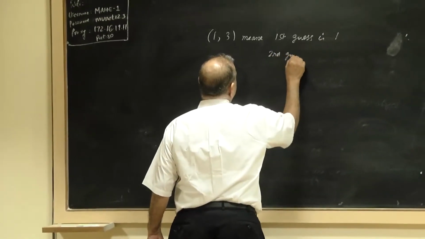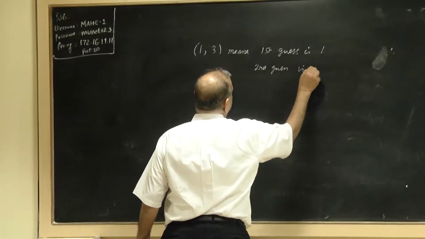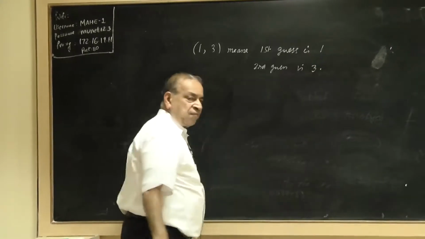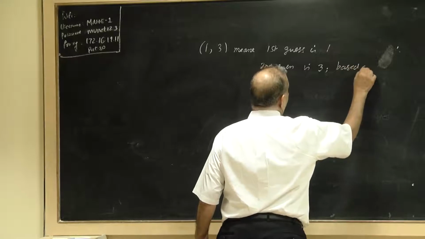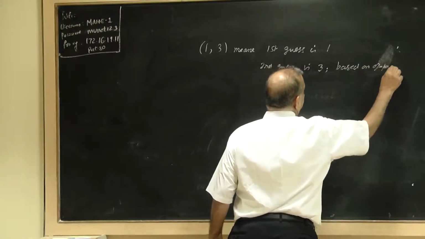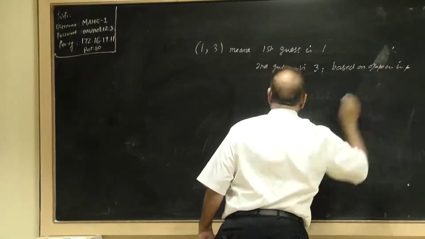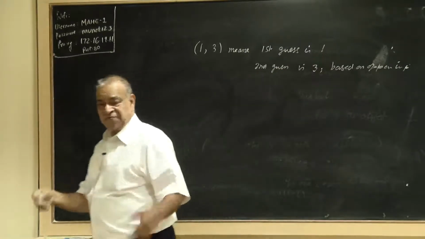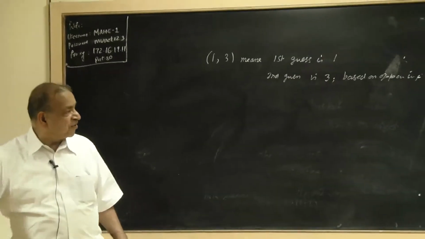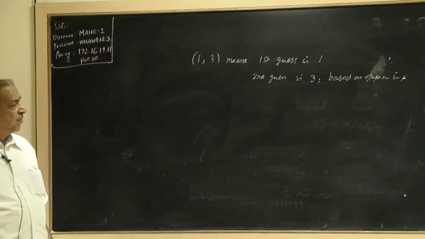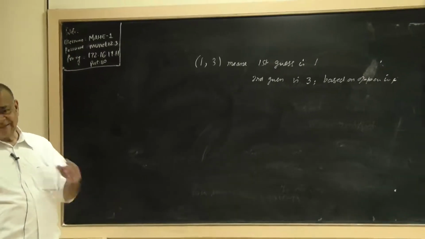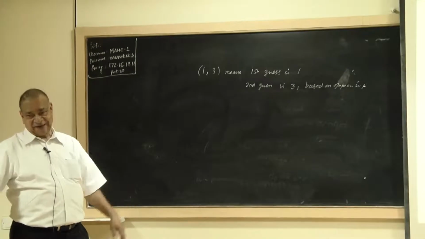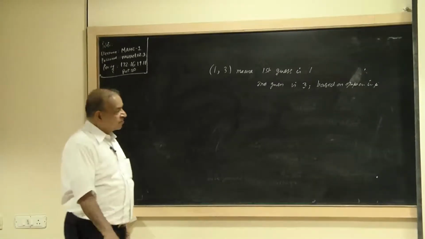Second guess is 3, based on the opponent's information. If it is correct, then you will stop. There is no need for more. You are ready to try, everything will be over in 3 rounds. So, if the second guess is also wrong, the third guess is going to be correct.